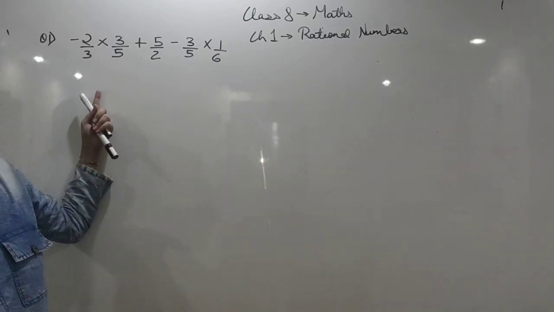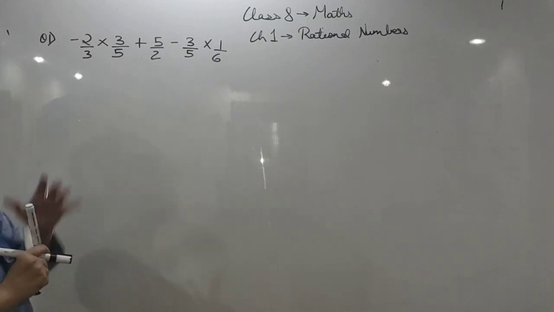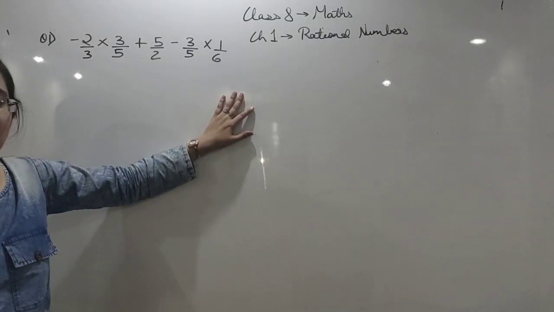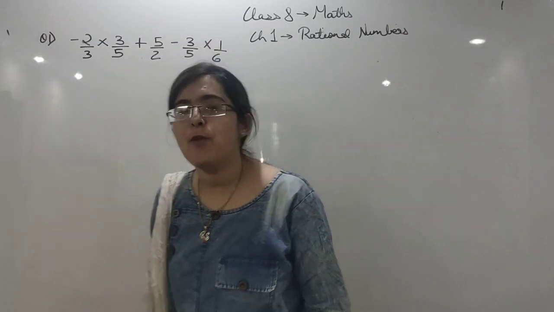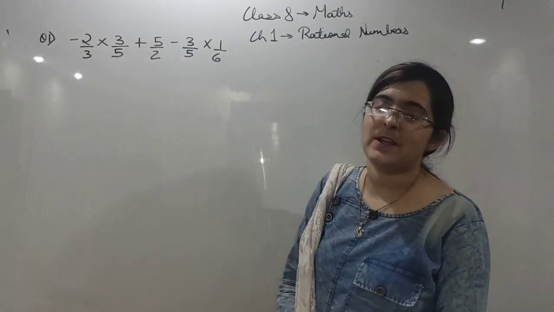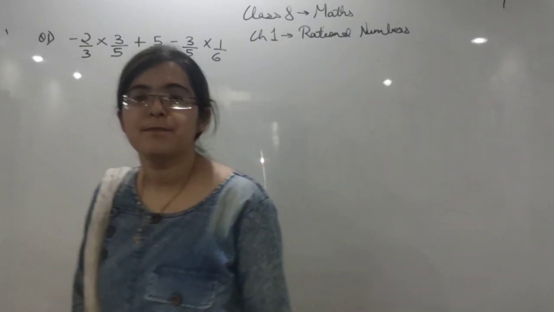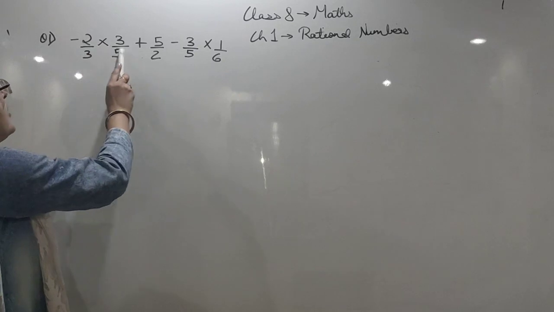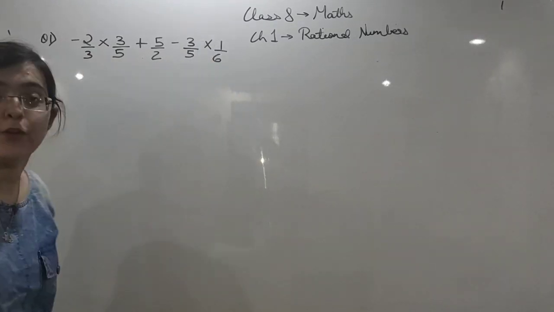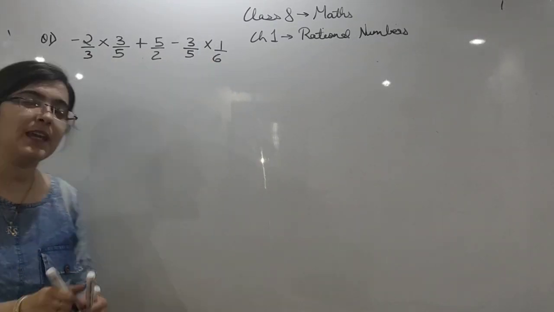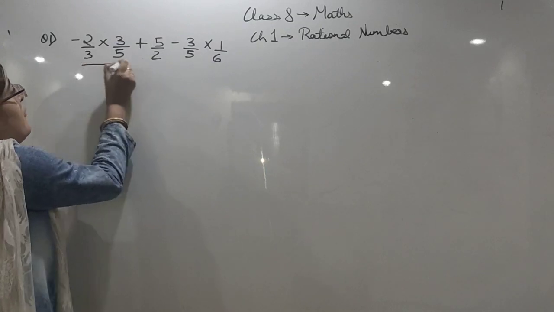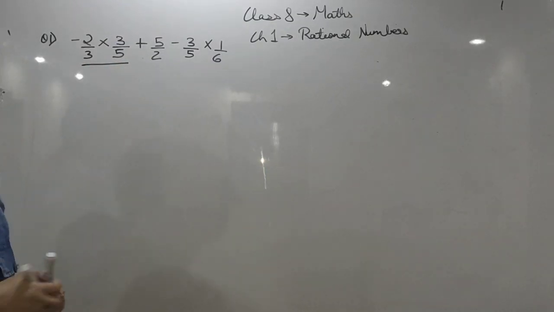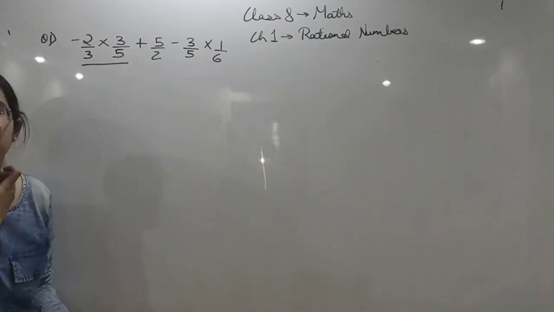Before solving, first see how many terms are there. If I ask you how many terms there are in this question, how will you tell? You will say like this, 1, 2, 3, 4, 5. No. How will you see that this is one term? Because there is a multiplication sign in between.